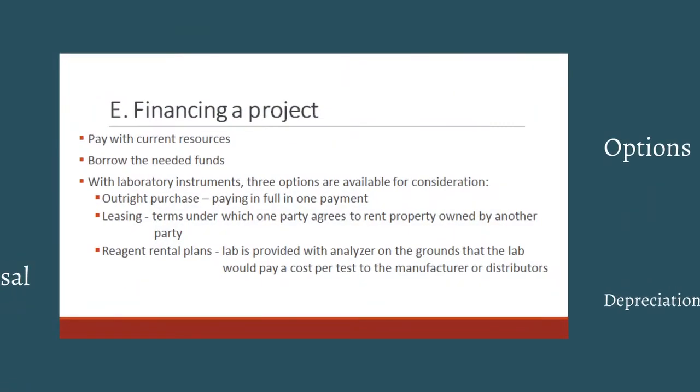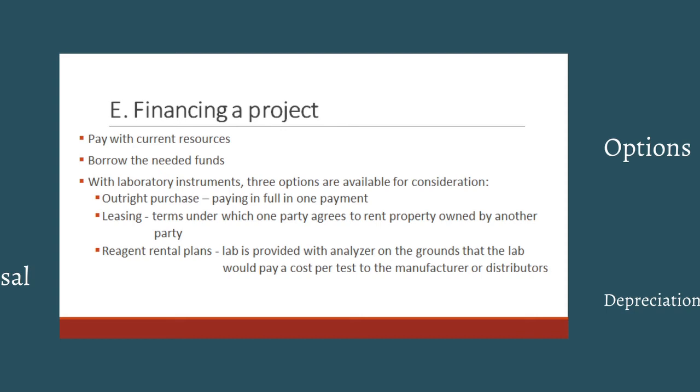If a plan involves building or remodeling, the company may either pay with current resources or borrow the needed funds. With laboratory instruments, there are three options available for consideration: outright purchase, leasing, and agent rental plans. Outright purchase refers to paying in full in one-time payment.